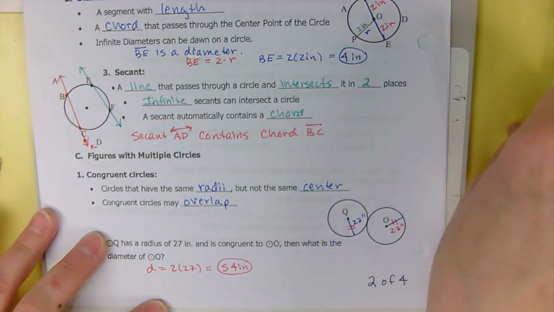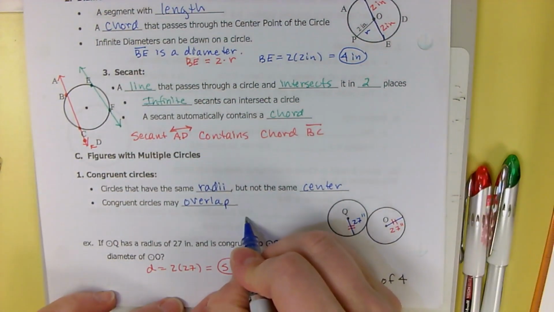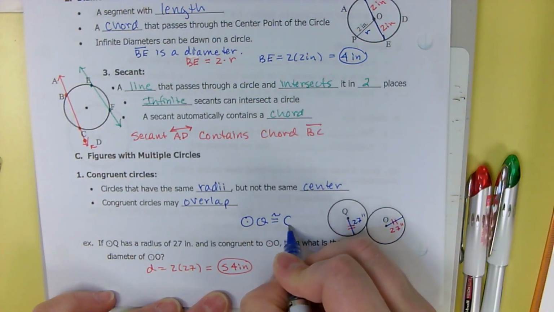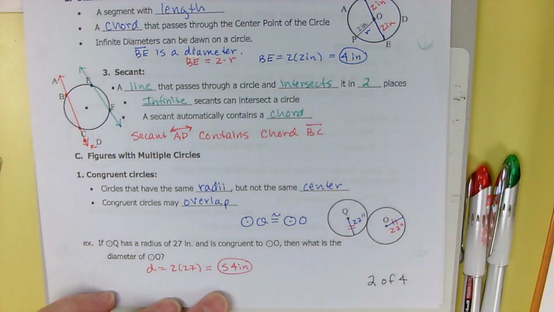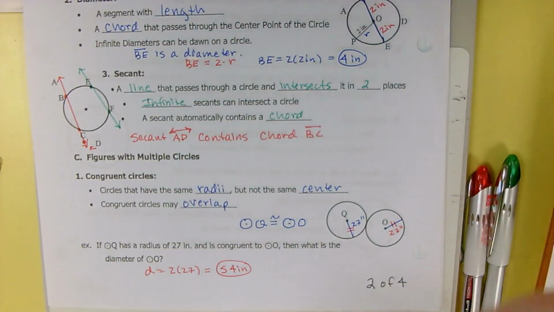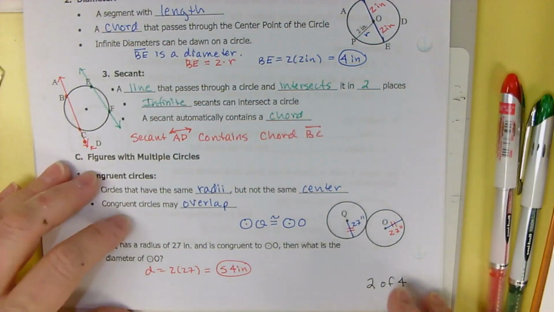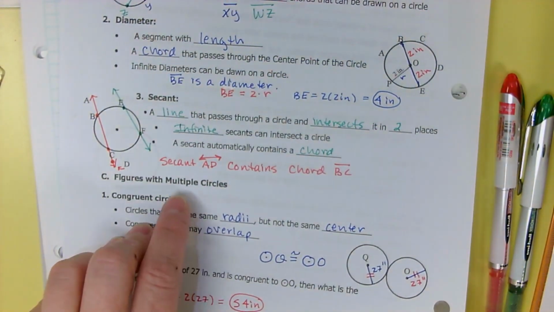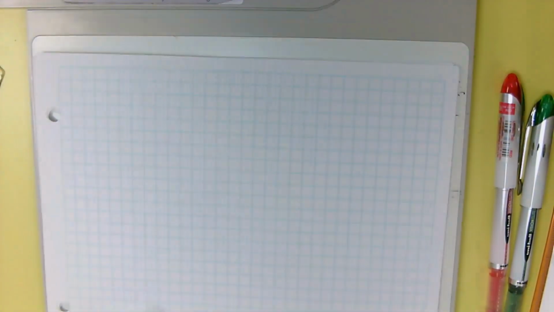And notation-wise, you can say circle Q is congruent to circle O. Use your circle notation. Pardon? Didn't we do something similar to this before? Not with circles. But yeah, we've done congruent figures, definitely. All right, flip the page.